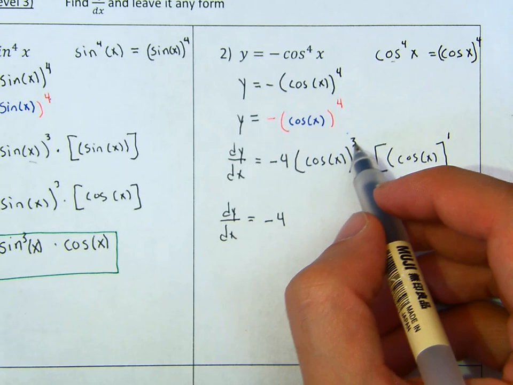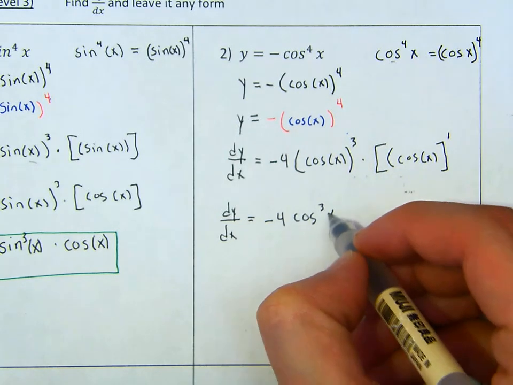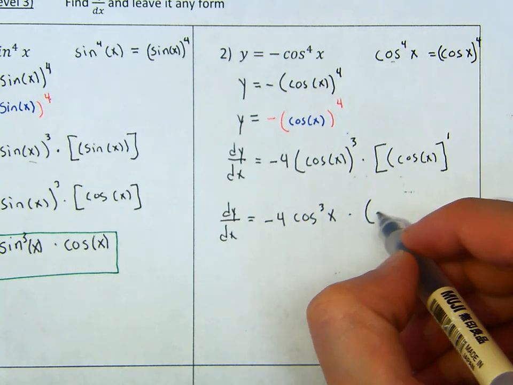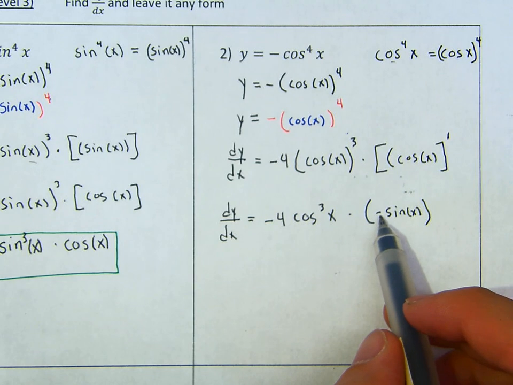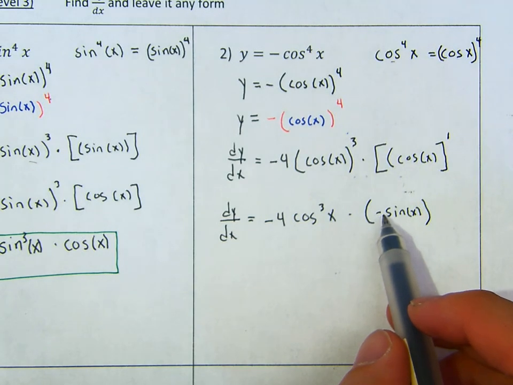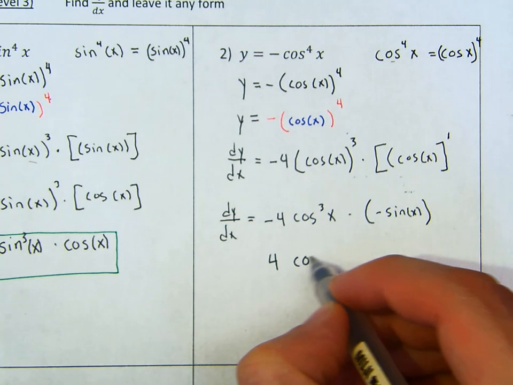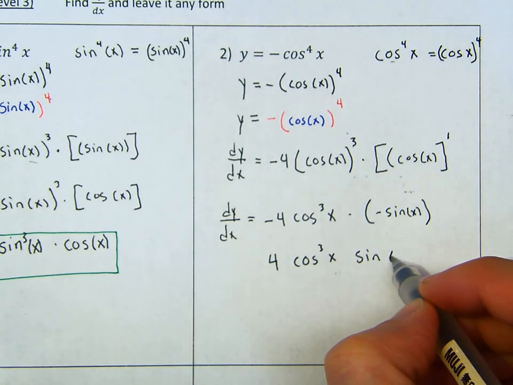Notice that we're allowed to put the 3 back in here, so cosine cubed x, times the derivative of cosine of x, which is negative sine of x. Now we apply the negative, so this negative times this 4 is positive 4 cosine cubed x times sine of x.